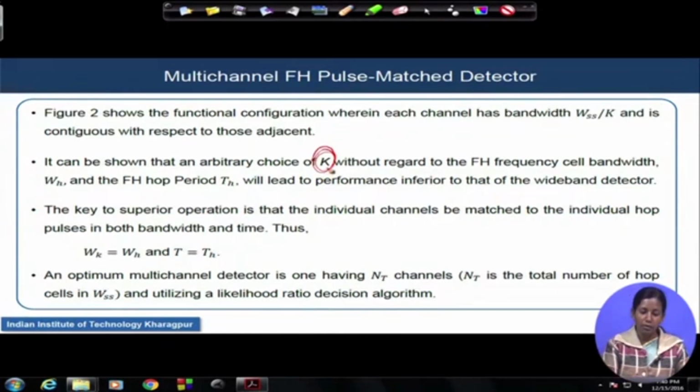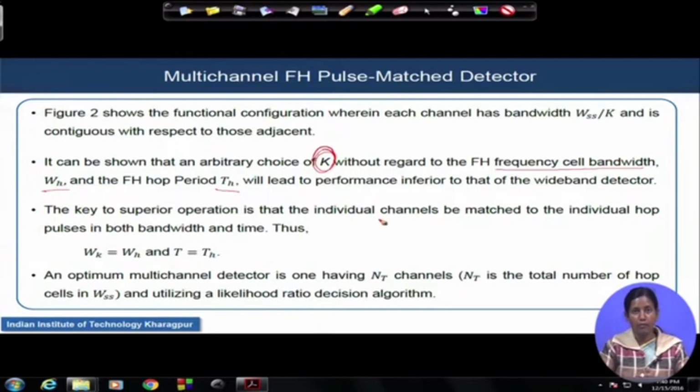That means when k is chosen, it has a very good relation. It should be considered inherent with the frequency hopping cell bandwidth, which is actually WH, and the frequency hopping period TH. They will make the performance inferior if you choose the value of k without proper knowledge of WH and TH.